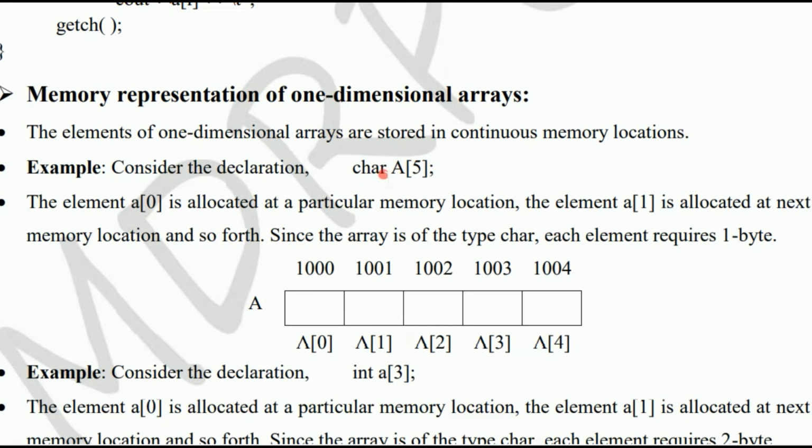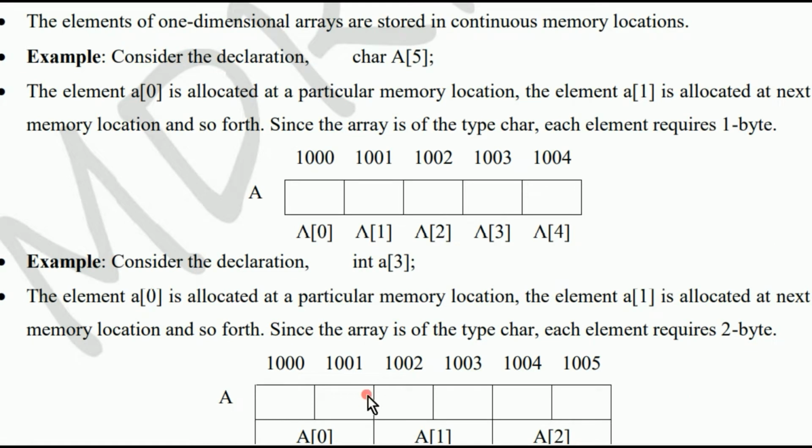That means char will take 1 byte of memory. If it is int, it will take 2 bytes of memory. Float, 4 bytes of memory. So because of that, here it is taking 1000, 1001, 1002, 1003 and 1004. So in this way, a[0], a[1], a[2], a[3], a[4]. For example, if we are taking int a[3], then 1000, 1001 is for a[0].